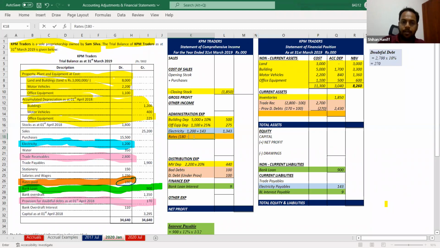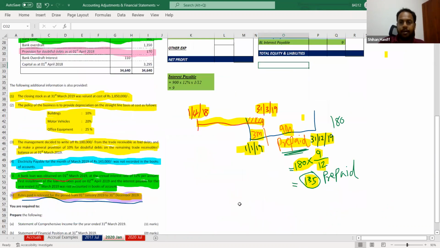Out of 180, 135 is for next year, so only 45 belongs to the current financial year. The rest is prepaid rates 135.